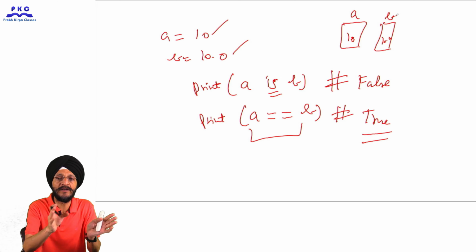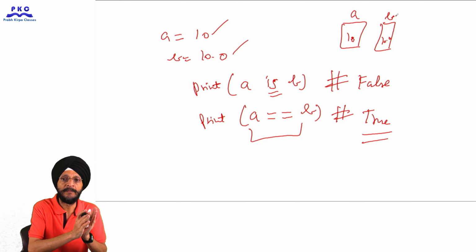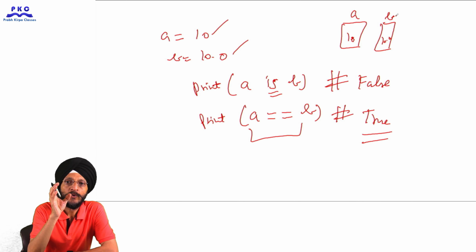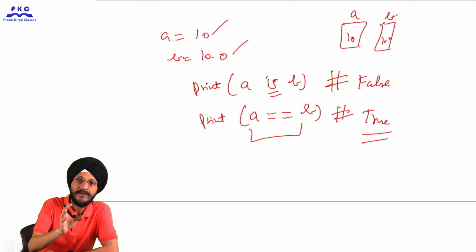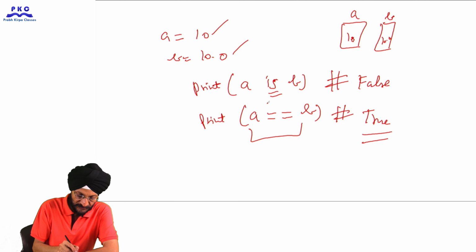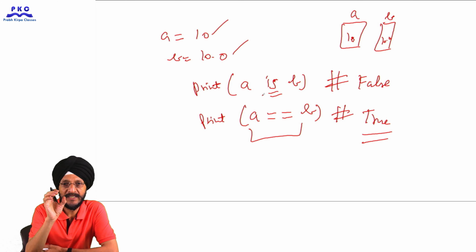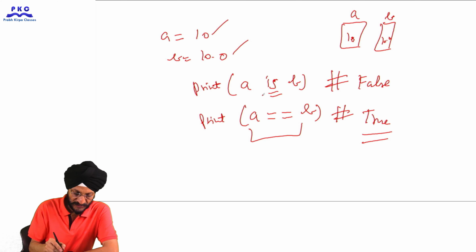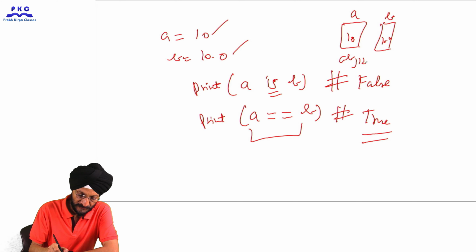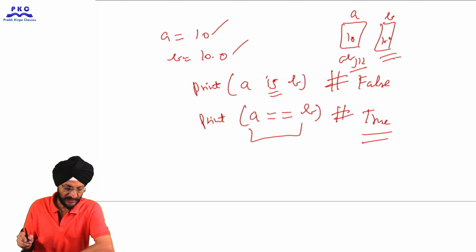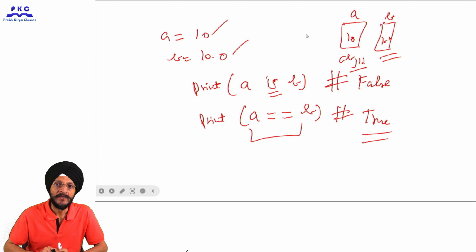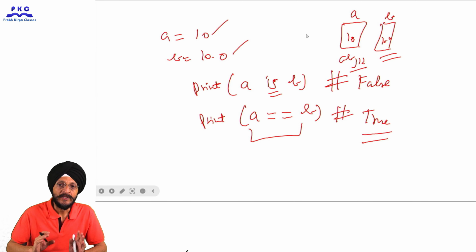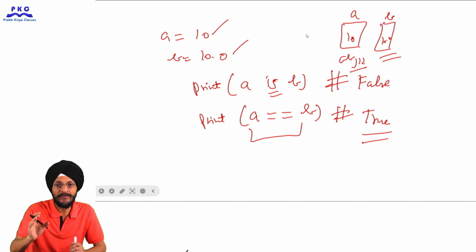The memory manager will allocate different memory locations to both the objects. So when we want to find whether a is b, the answer will be false, because the memory address or the object ID will be different in case of a and different in case of b.